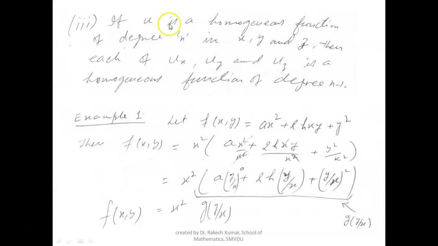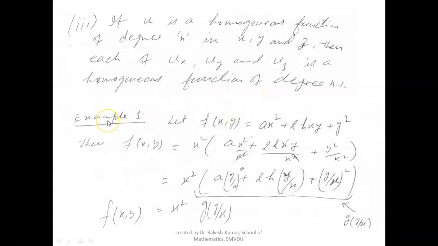Another point is, if u is a homogeneous function of degree n in x, y and z, then each of the first order partial derivatives u_x, u_y and u_z is a homogeneous function of degree n minus 1.